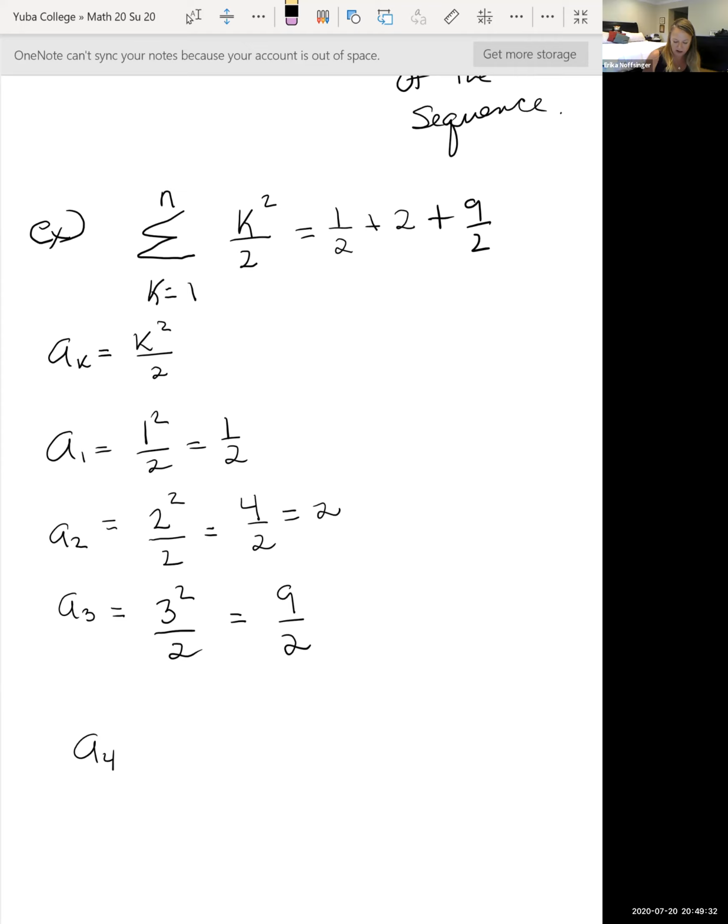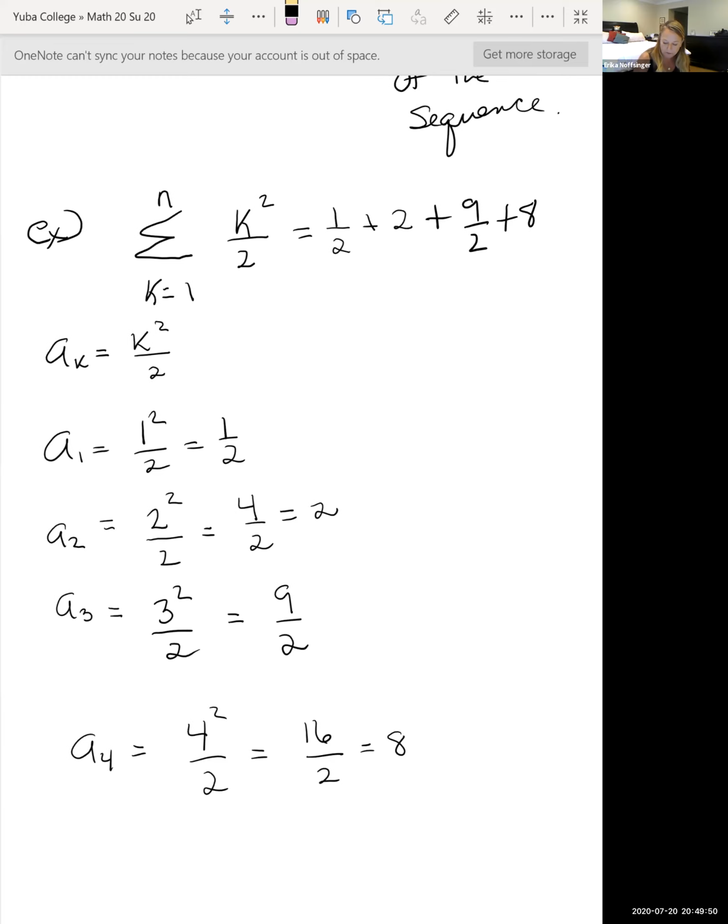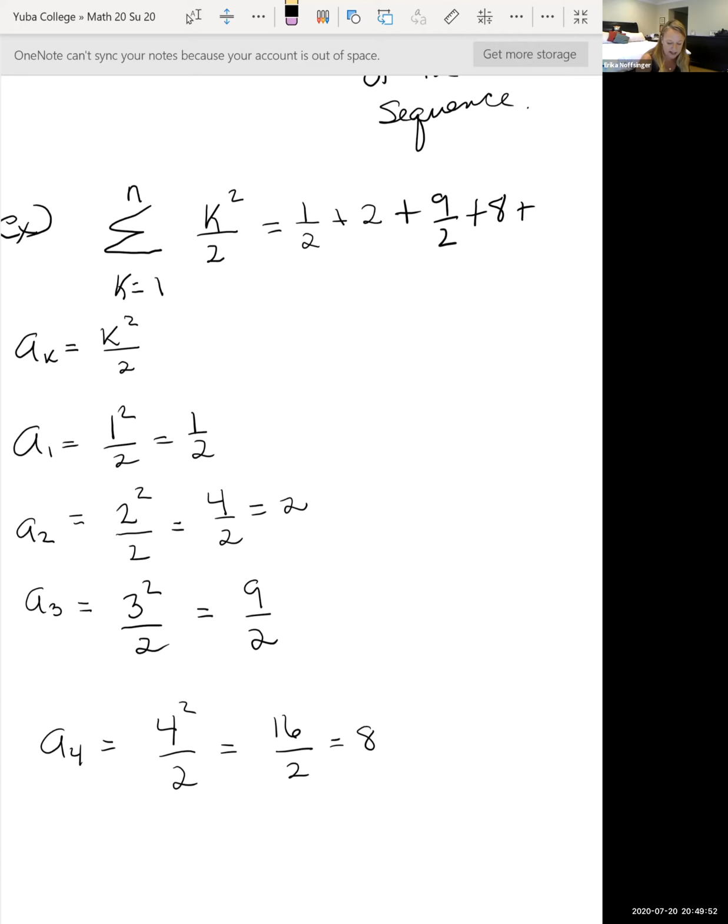So 4 squared all over 2. This is 16 over 2, which we can reduce to 8. Sometimes when doing this, it might be helpful not to actually reduce, so you can see more of the pattern going on. Plus dot, dot, dot. I'm going to keep on going until I get to this term.